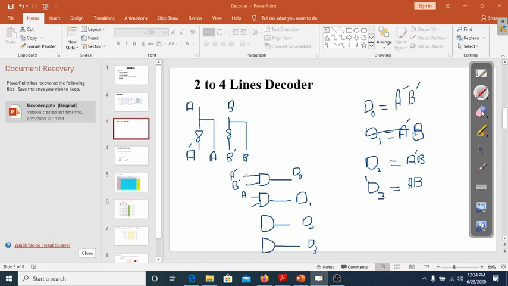Now here I will connect this input with the A prime and this input with the B, and then this input with the A and this with the B prime.